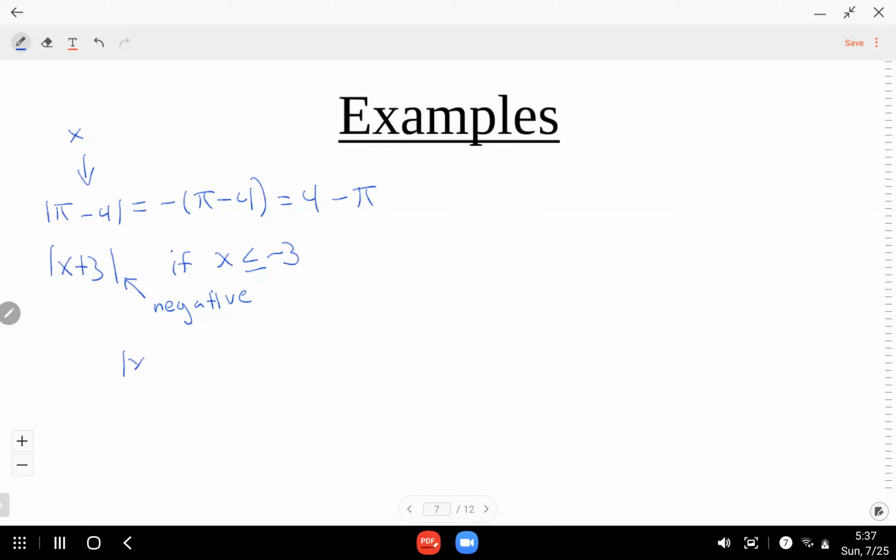This is going to be -x minus 3. It could also be 0, but in this case we're going to ignore that 0.